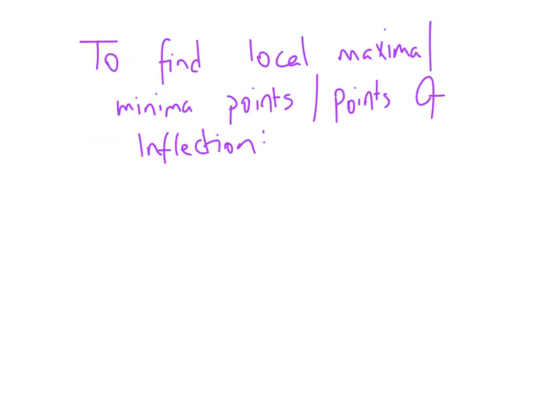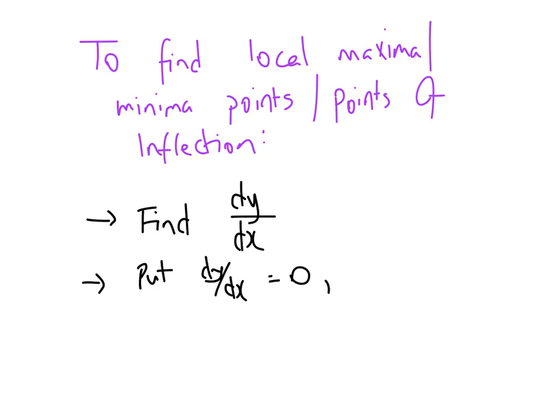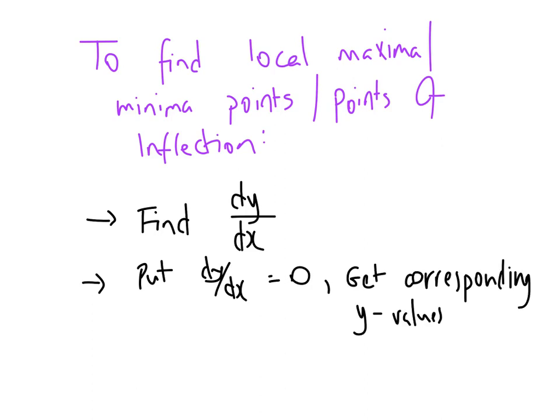Just before we do this example, just to reiterate, to find local maxima or minima points or points of inflection, always we find dy dx. We then put dy dx equal to 0 and get the corresponding y values.